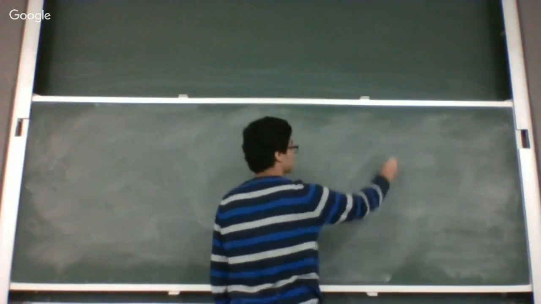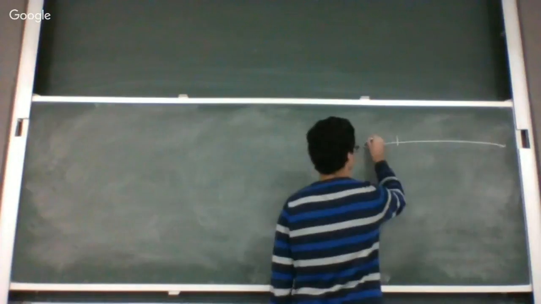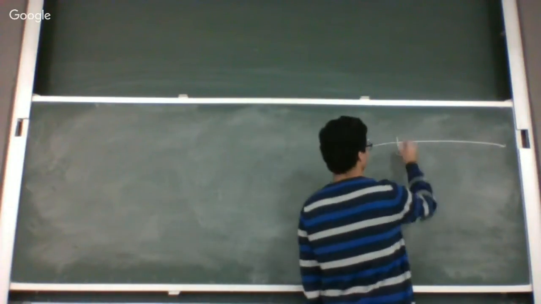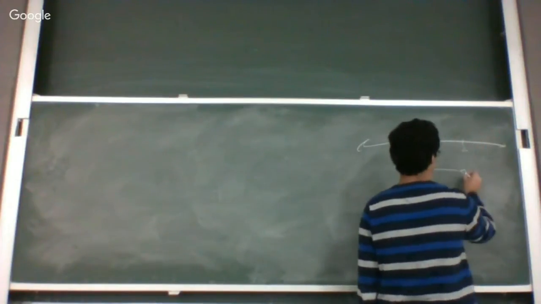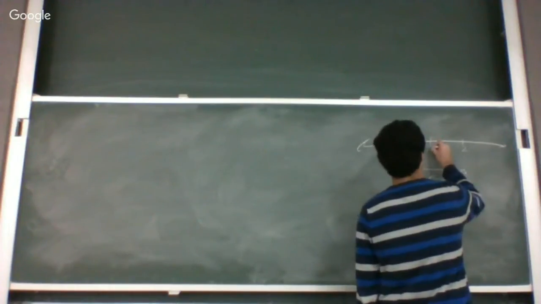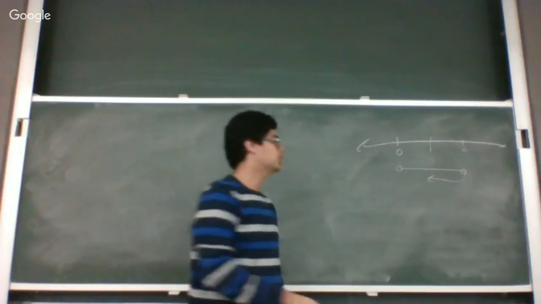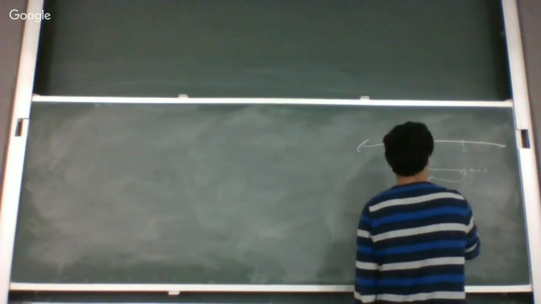Say we have a particle, and this is the x-axis. It went from here to 2, and then at that point, it turned around, and then it went back to place 1. So this happened when time was equal to 1. This happened when time was equal to 2.